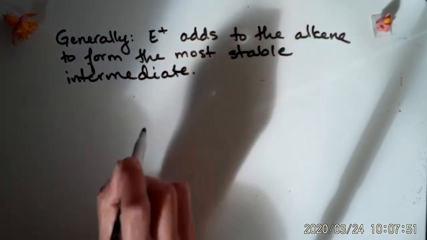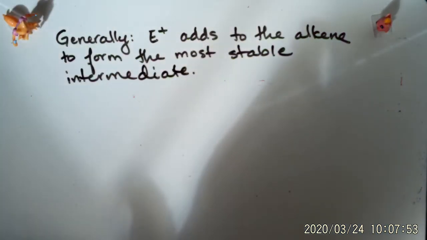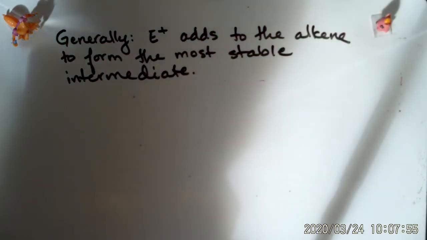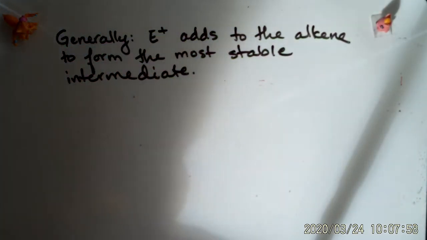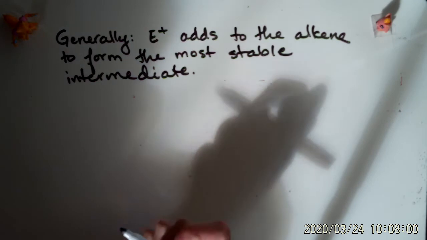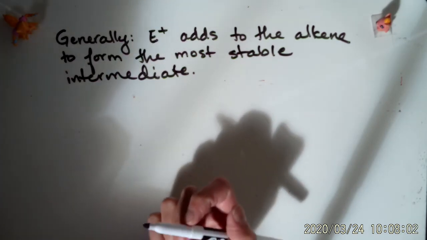And you see that's going to be the case in a lot of different electrophilic addition reactions that we see. So let me go through and give you a couple examples.